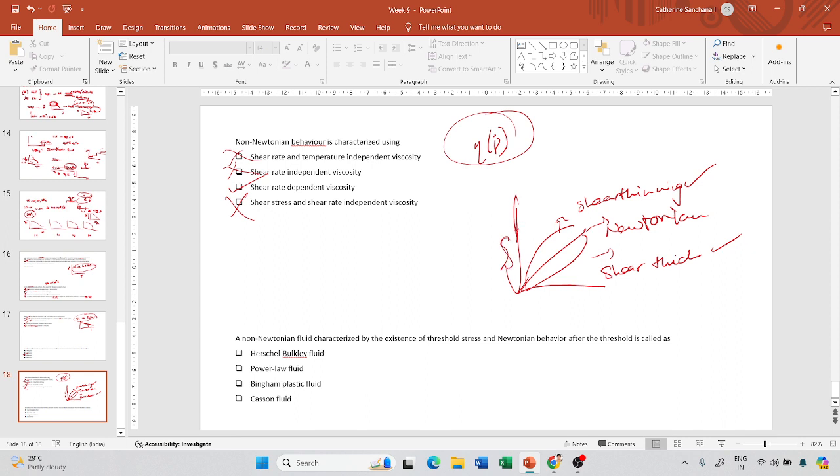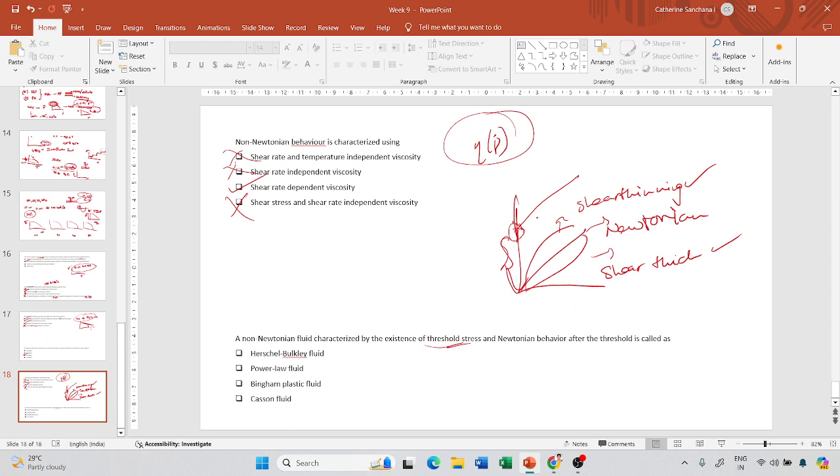And after having this yield stress, we saw all this last week. What is this yield stress? Okay, actually the yield stress is, even if you apply stress, till the material reaches a sufficient shear stress, it will not deform. Okay, so it needs some threshold value of shear stress.